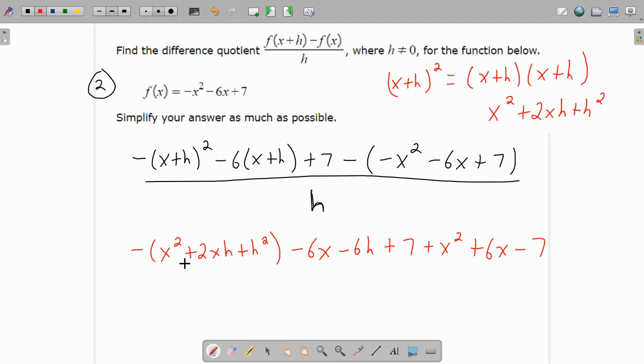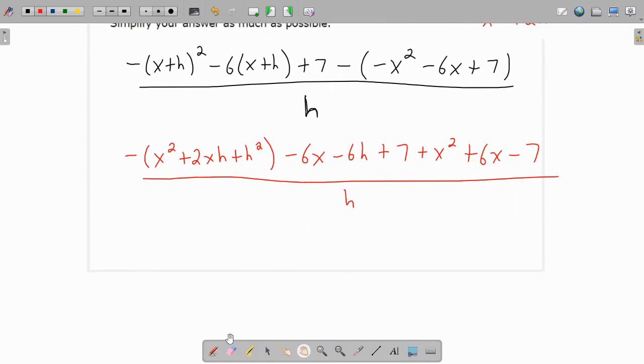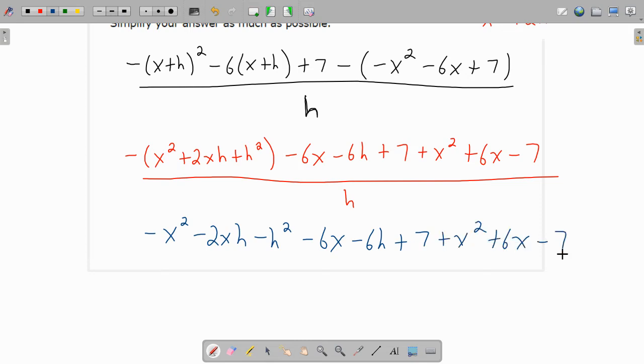All right, now all over h. If you want to skip that to the end, that's okay. Just don't forget it. Now we're going to distribute the negative 1. So we get negative x squared minus 2xh minus h squared minus 6x minus 6h plus 7 plus x squared plus 6x minus 7, all over h.